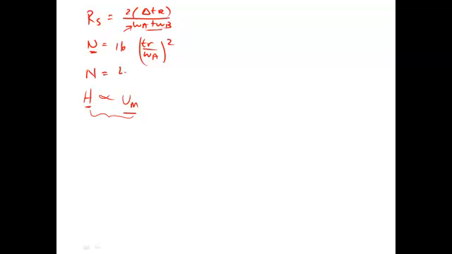So N is equal to L over H, or H is equal to L over N. So you see, as the plate count gets bigger for a fixed column length, the plate height is smaller.